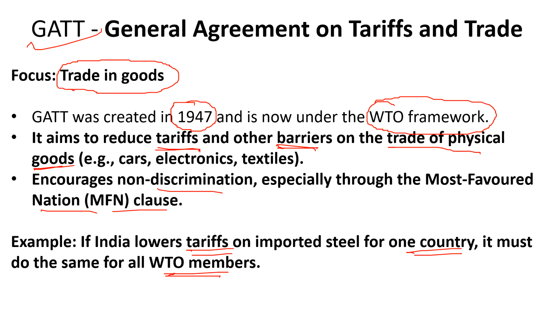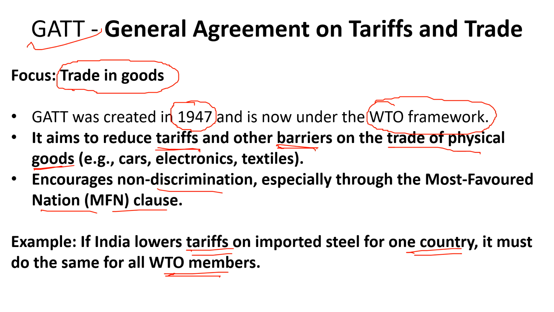Correct? So if India is applying all those benefits for all WTO members, that will be beneficial for all countries, and it is called the non-discrimination part. So GATT will be forcing India not to discriminate in terms of these things. These things means lowering the tariffs and all. Understanding?